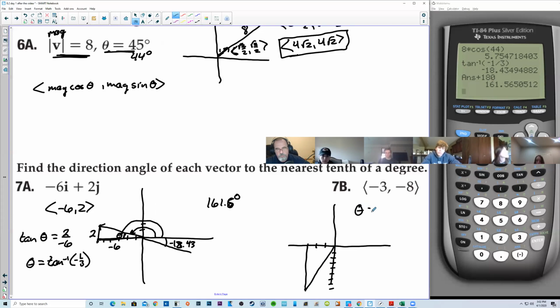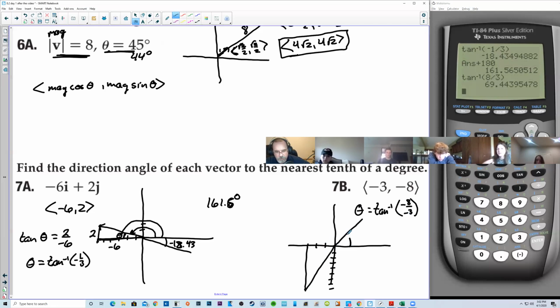So the angle is always inverse tangent of y over x, -8 over -3. But that's going to be positive. So when we take the inverse tangent of 8/3, it thinks we're in the first quadrant. So it's going to tell us 69.4 degrees.